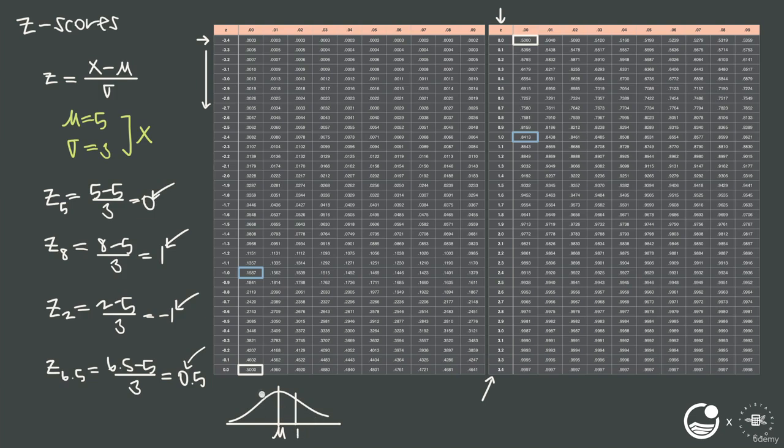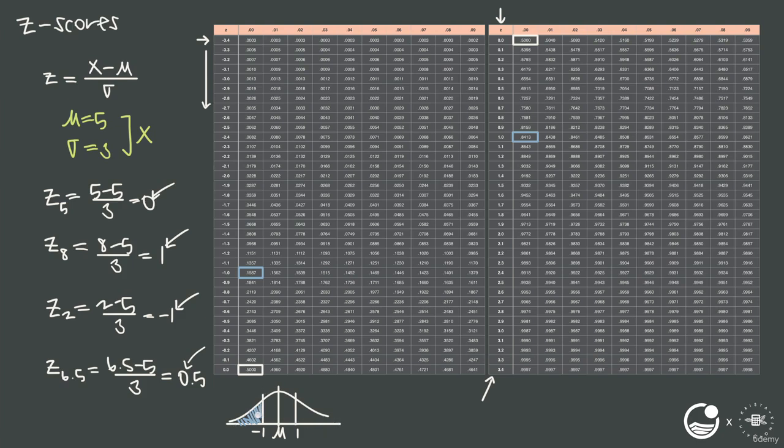We'll say that's 1. And that then symmetrically, this is 1 standard deviation below the mean, or z equals -1. What these values tell us is that 15.87% of the total area under this curve is going to fall to the left of z equals -1. So this area right here makes up 15.87% of the total area under the curve.